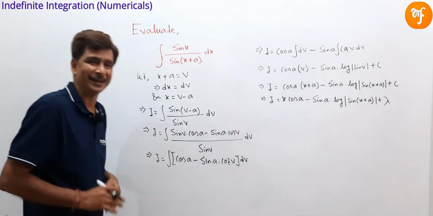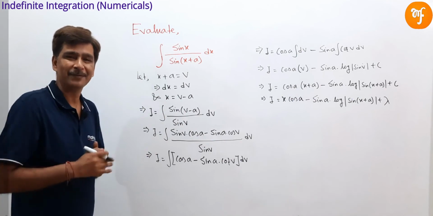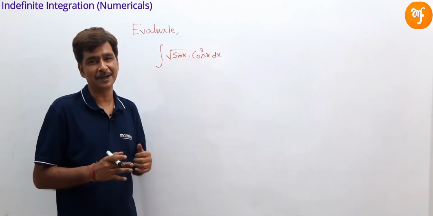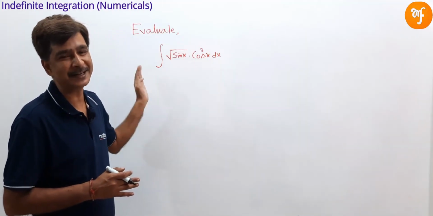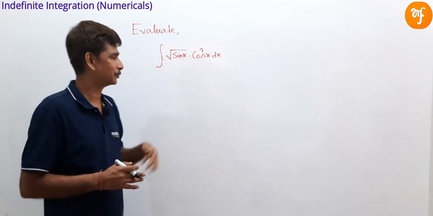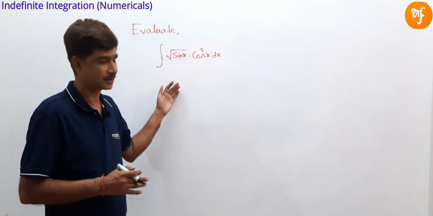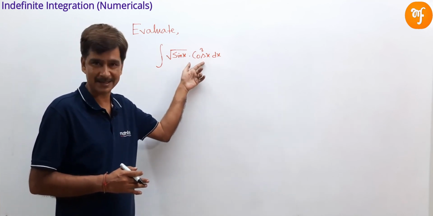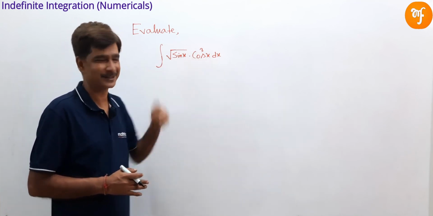Clear? Okay. Now come to the next type of question. So friends, come to another question, that is integration of square root of sin x into cos cube x dx. Now to do this numerical, we'll first write this cos cube x as cos square x into cos of x.